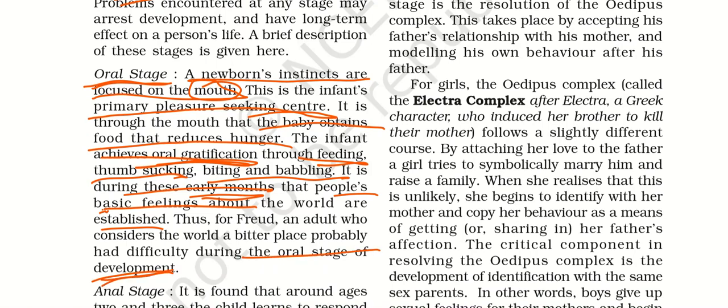And he also said that if a newborn baby is not smoothly detached from breastfeeding, he may later indulge in the habit of thumb sucking or smoking, because he considers the mouth as the primary pleasure-seeking organ.